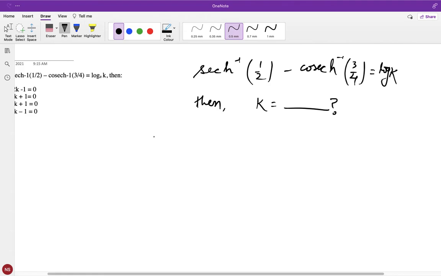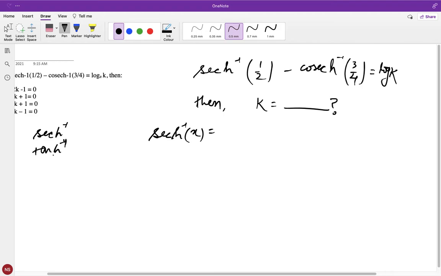All you need to know is the formula for secant hyperbolic inverse of x. I've seen that in this exam, they always ask a question on this: tangent hyperbolic inverse, secant, sine, cosecant, whatever. If you know all these formulas, then this problem is for sure easy to solve.